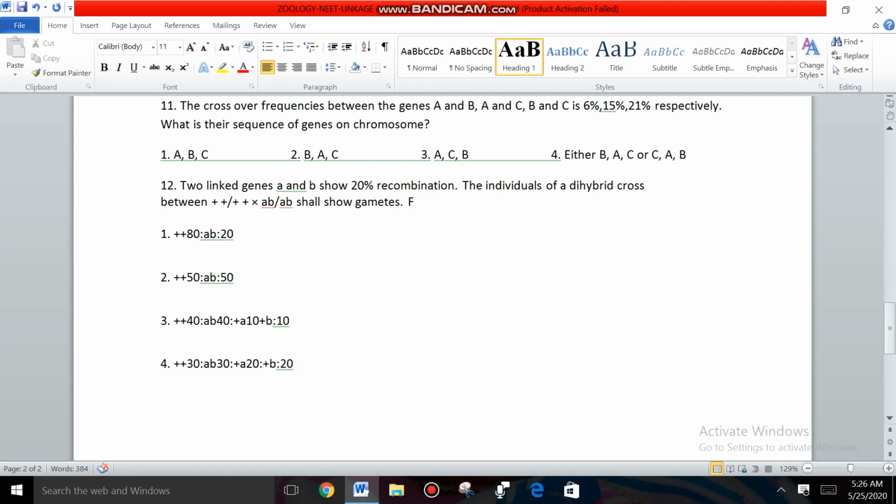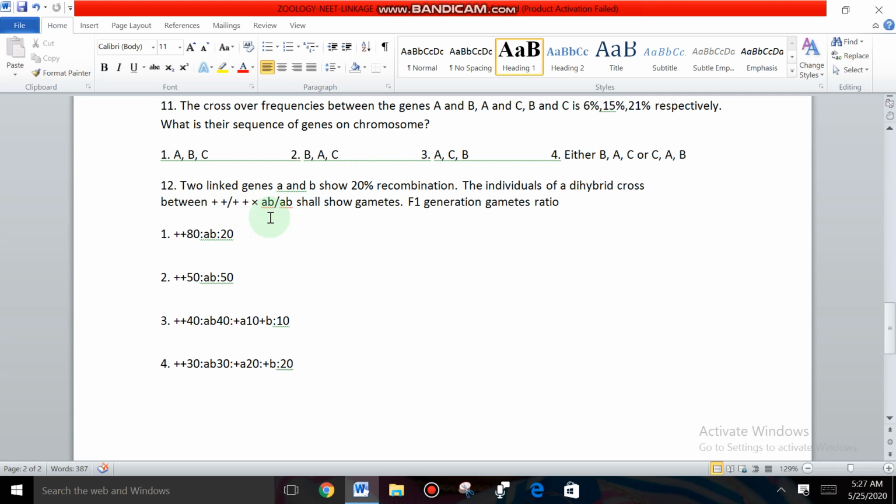The question is not given completely, right? In the F1 generation, the gametes ratio. See here, between A and B, 20% recombination is there, means 20 map units. So what are the parents? Plus plus and AB, these are dominant, these are recessive. Consider that. Okay.